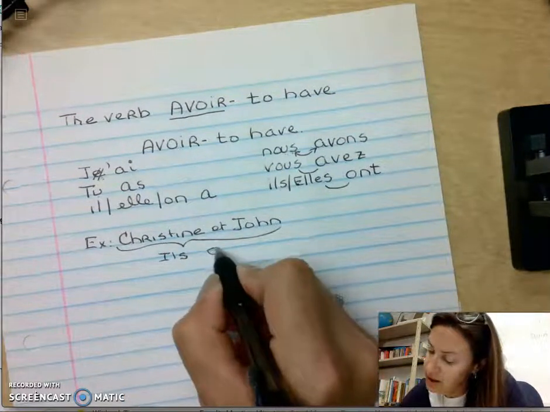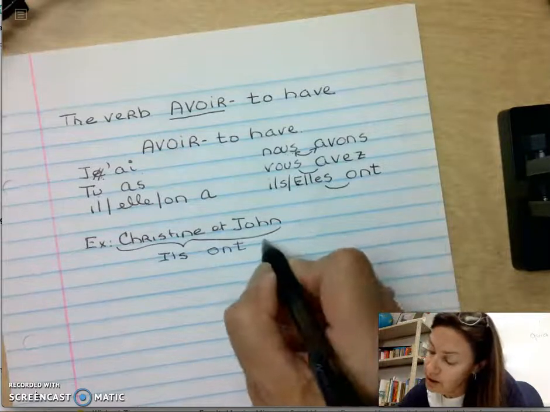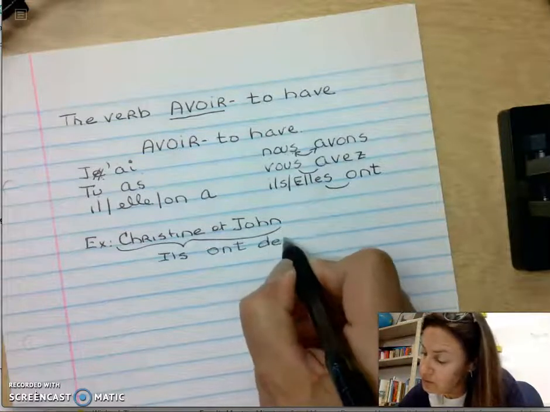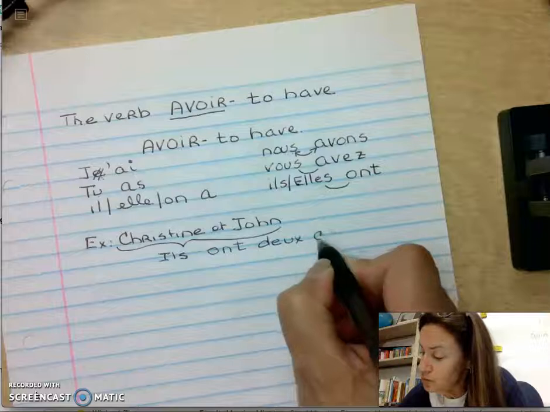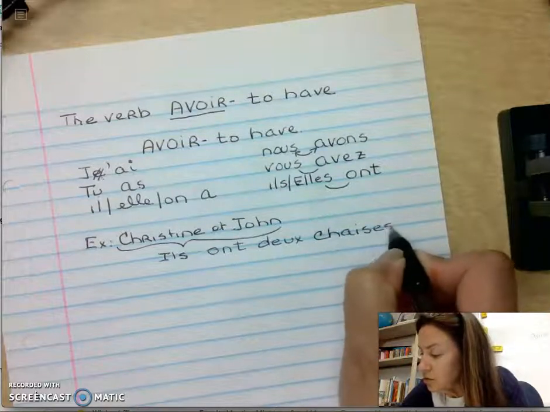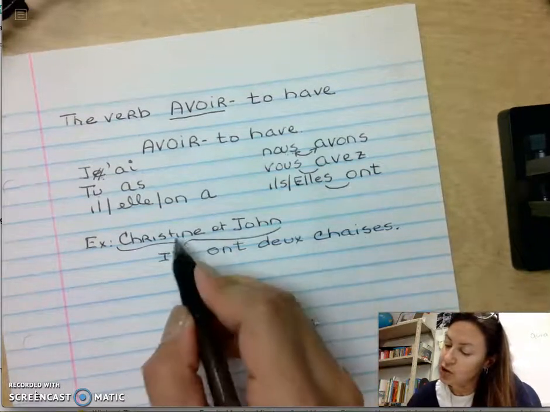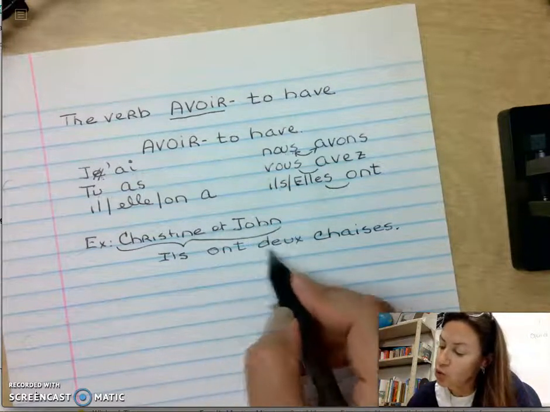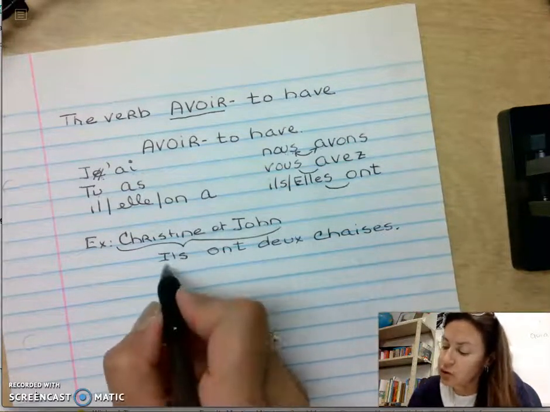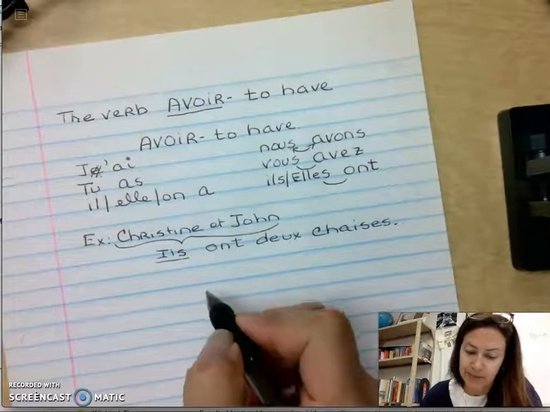And let's say ils ont deux chaises. They have 2 chairs. Christine et John ont 2 chaises. Okay, so you can use the pronoun or you could use the proper nouns.